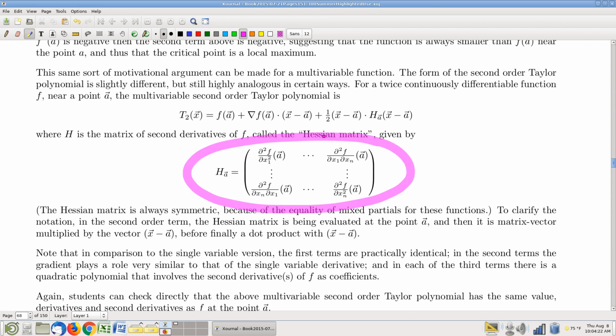The Hessian matrix is made up of all of the second partials of the function, made into a matrix in sort of the obvious organization. You're going to compute all those second partials, arrange them as such.